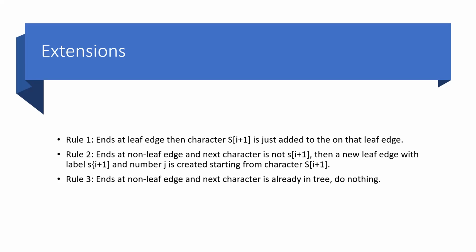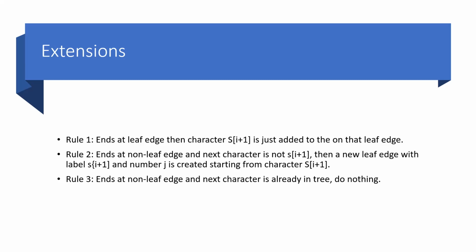And then a new internal node will also be created if S of J to I ends inside, or in between, a non-leaf edge. So how we split up the nodes before, creating the two children by cutting an edge, is what this is talking about.